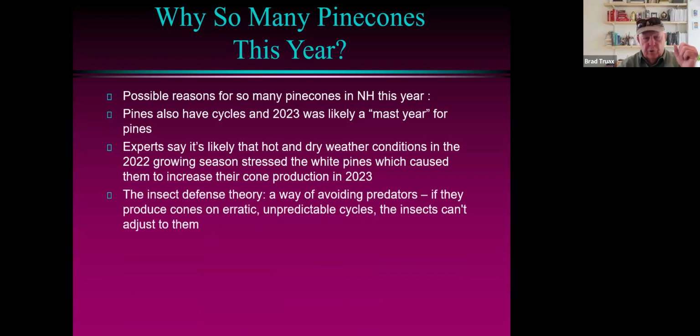And then there's also a theory called the insect defense theory that says that as a way of avoiding insect predators, white pines will produce cones in an erratic, unpredictable fashion, so the insects can't adjust to them.